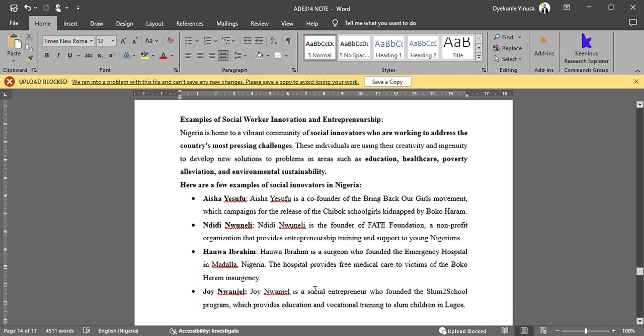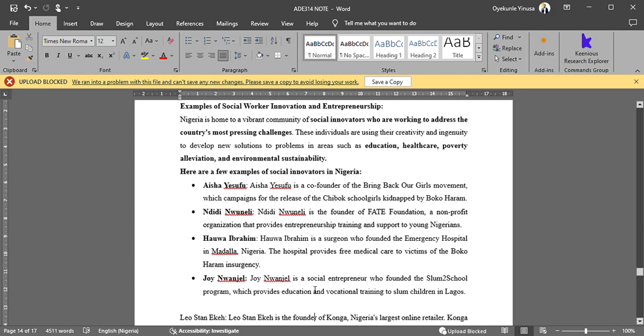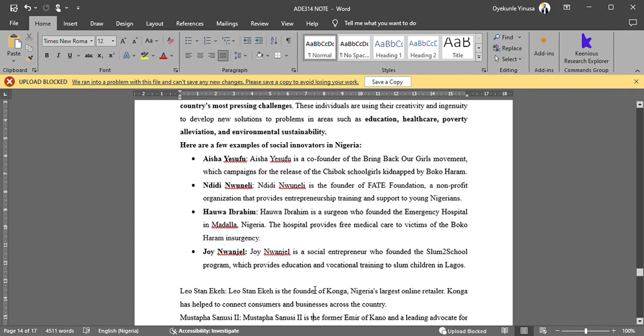Another person you should look at is Ibrahim. Ibrahim is a surgeon who founded the emergency hospital in Madala, Nigeria. This hospital provides free medical care to victims of the Boko Haram insurgency. He is doing amazingly well in the north, with his foundation. Another person is Joy, who is a social entrepreneur who founded Slum to School.